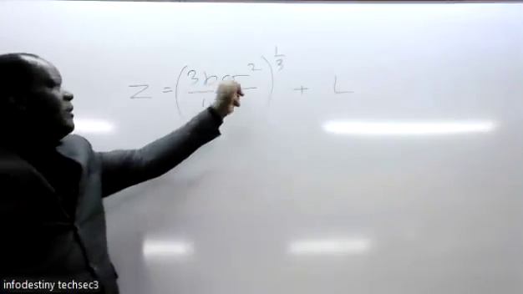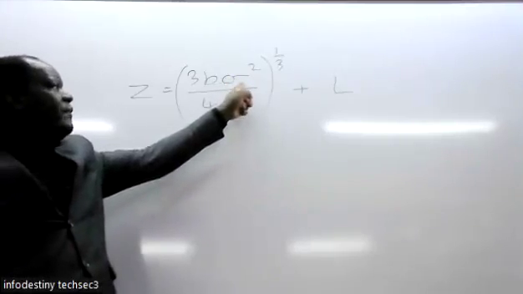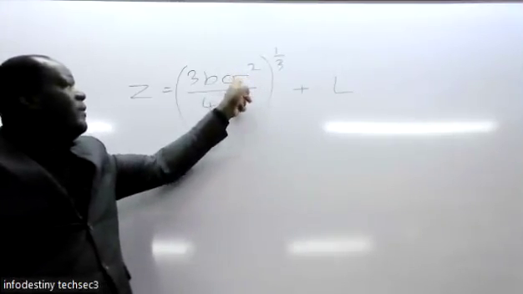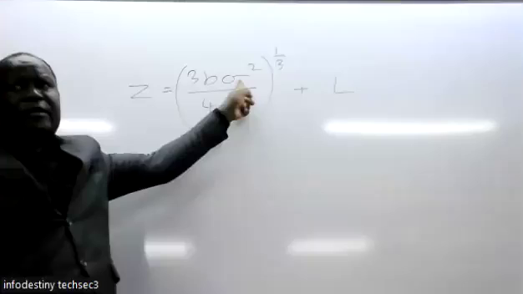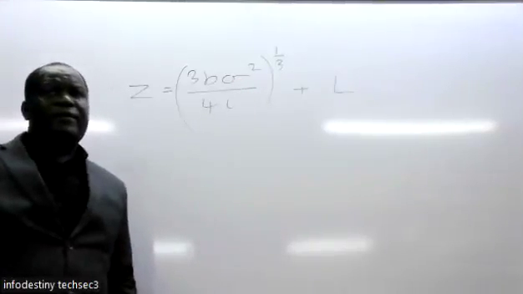Then this other one here is the variance of the daily cash flows.